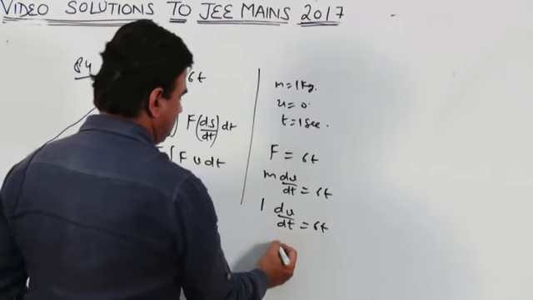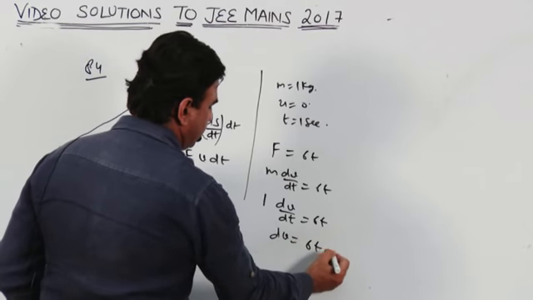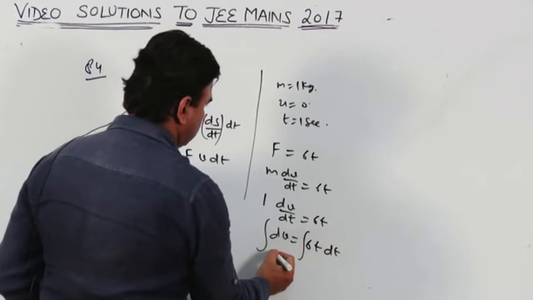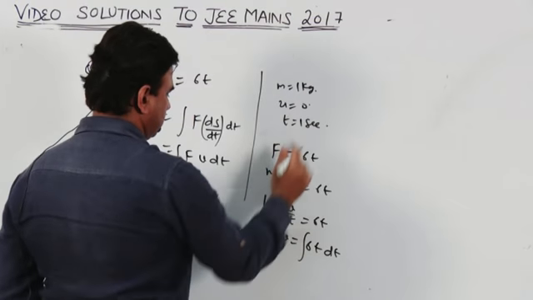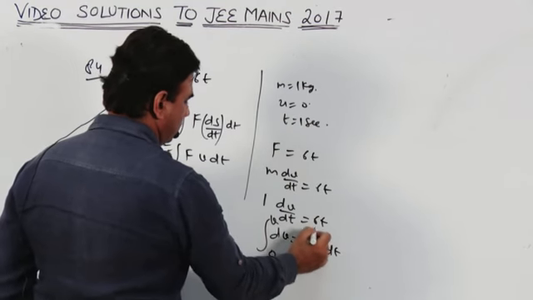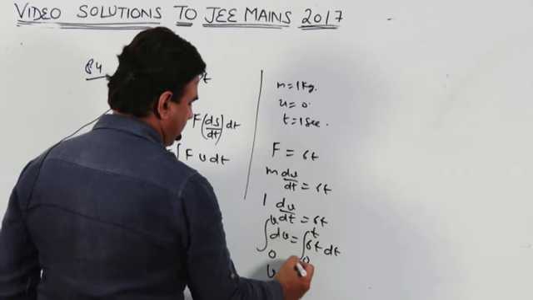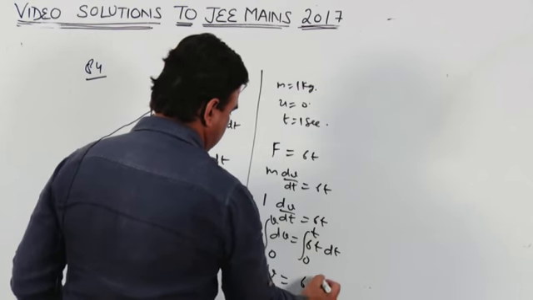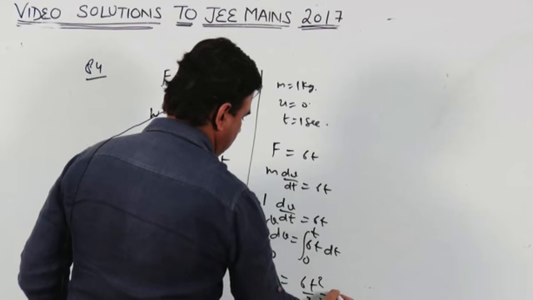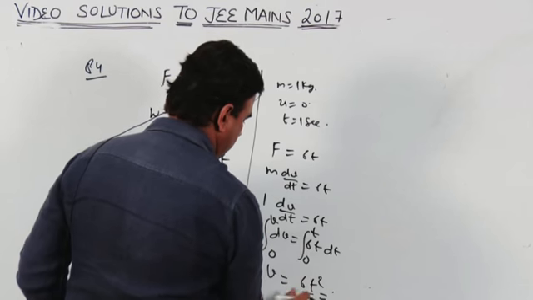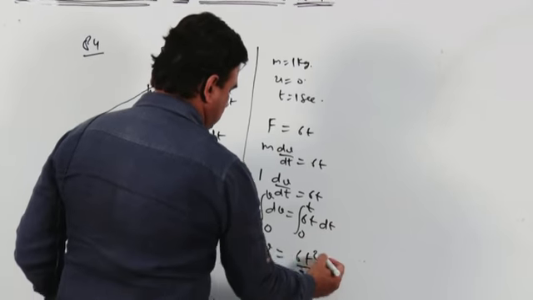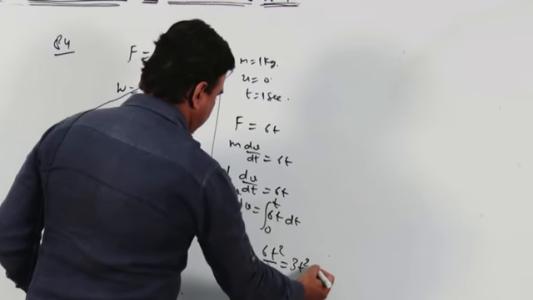On integration, dv equals 60t dt, by putting limits, since initial velocity is 0 to v, and 0 to t, we get 6t square by 2, so this will be 3t square.